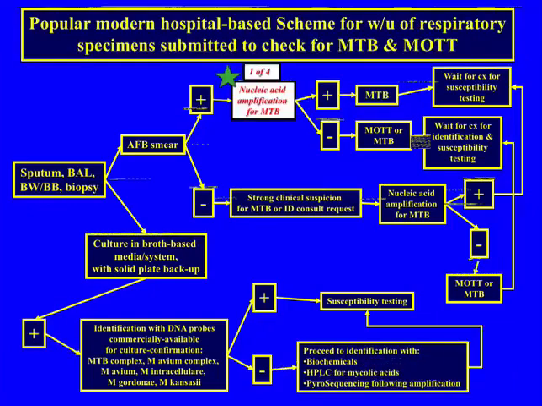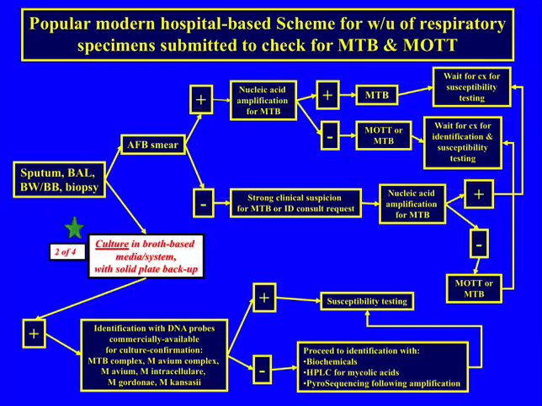In the interest of time, I'll just tell you a few words on part one, which was the use of nucleic acid amplification straight from the clinical specimen, and two, which is culture in broth-based media with solid plate backups, because there's a lot of questions still on pathology and ID boards on these kinds of technology.